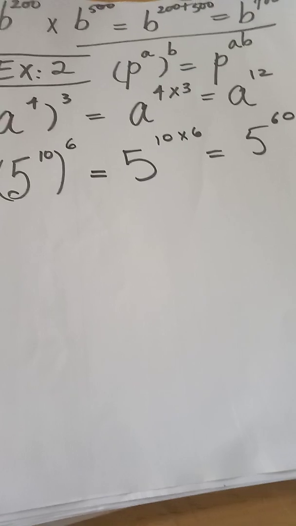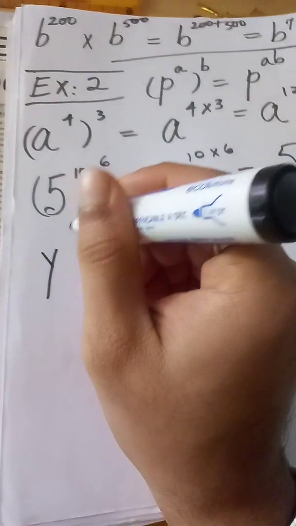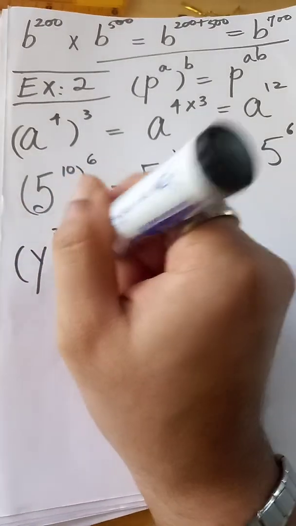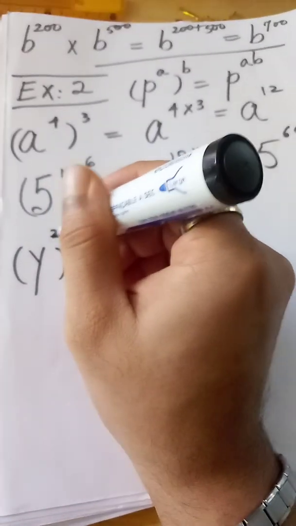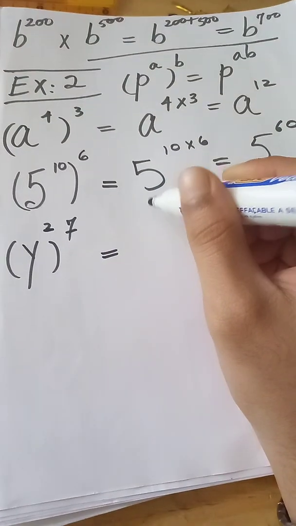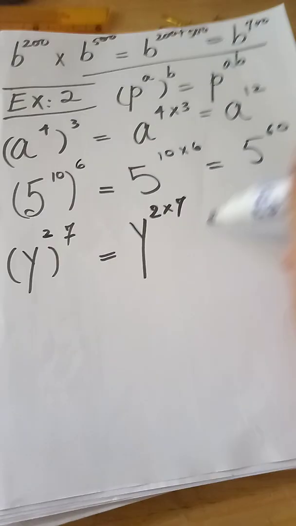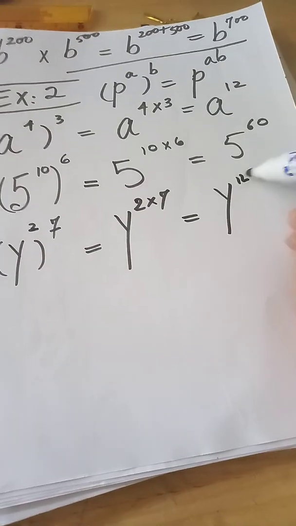The penultimate one would be y squared to the power 7, which is y to the power 14.